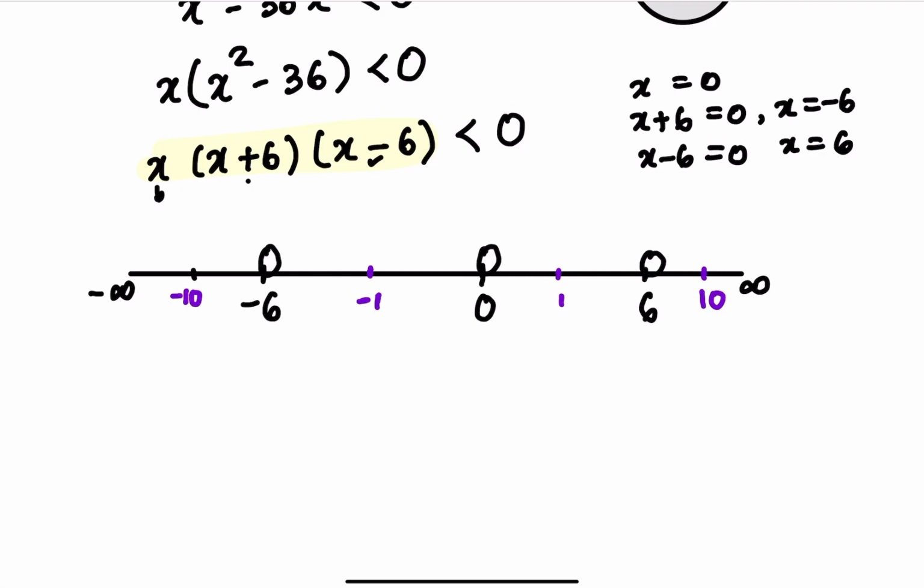So when I plug in negative 10, what do I get? Negative 10 times negative 10 plus 6 times negative 10 minus 6. Again, my goal is to see if my answer is positive or negative. So this is negative, this is going to be negative, this is going to be negative. You can plug this into your calculator if you want.